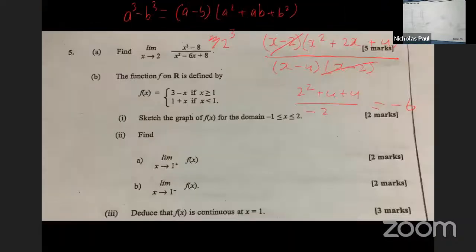So why did you scratch off the 8? Hold on.